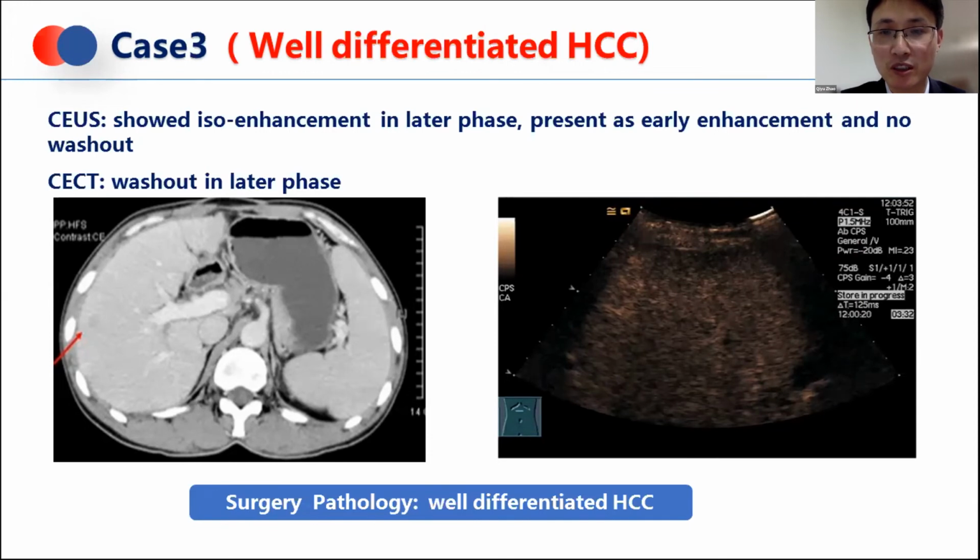It will not diffuse into the parenchyma of the liver, while the CT contrast agent is different. When we inject contrast for CT in the patient, the agent will diffuse into the parenchyma of the liver. So this is a difference, which may result in the difference in the late phase.